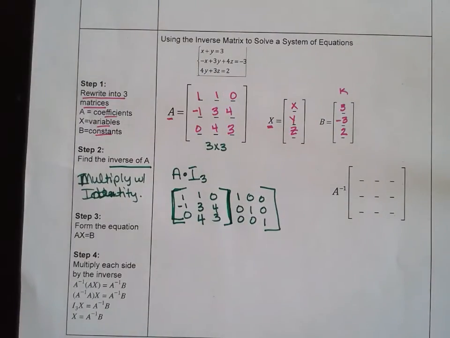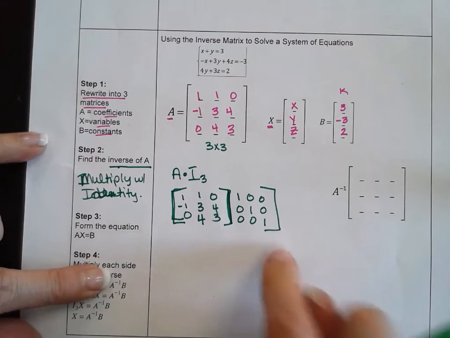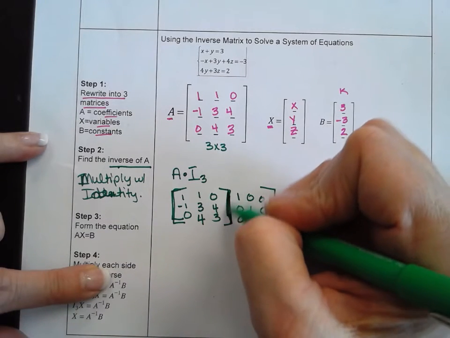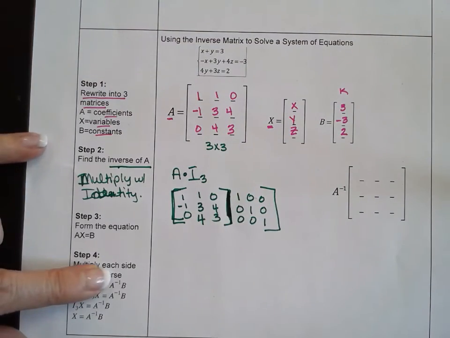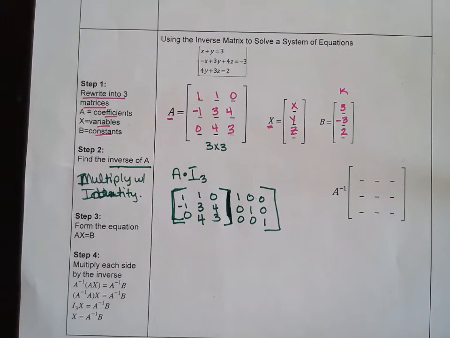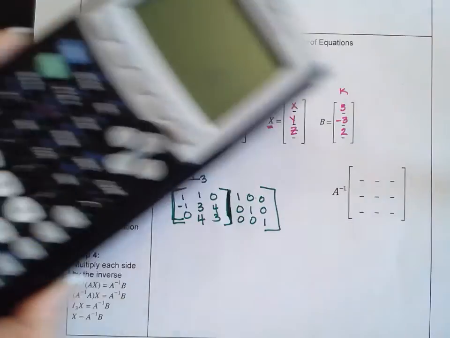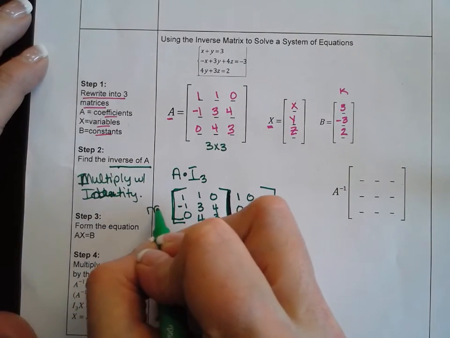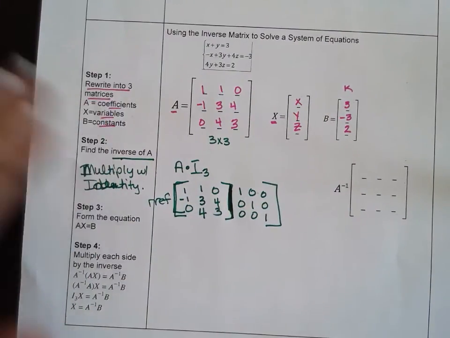Okay? Now, how did you find the inverse? Once we had this set up, what did we do? We don't multiply it because this really should just be a straight line. We didn't add. We do the RREF.